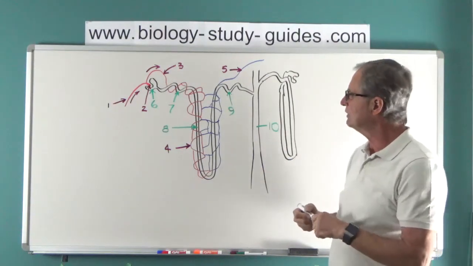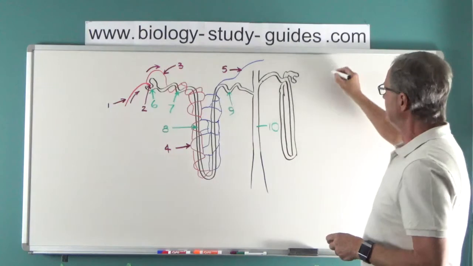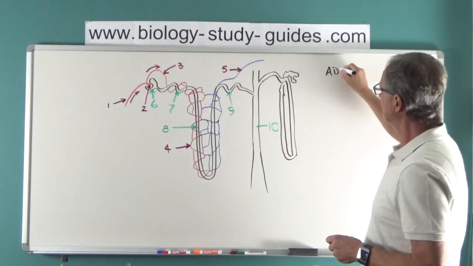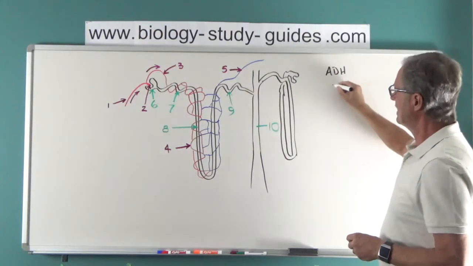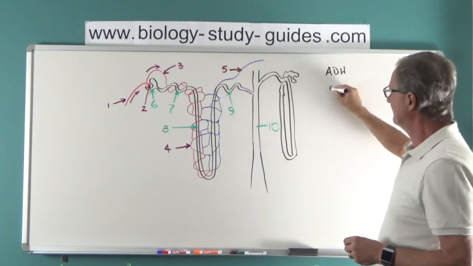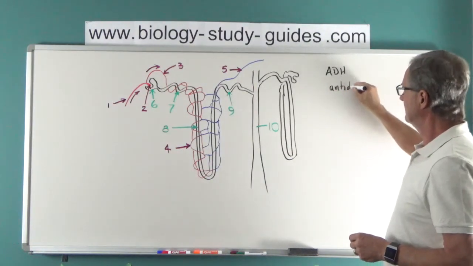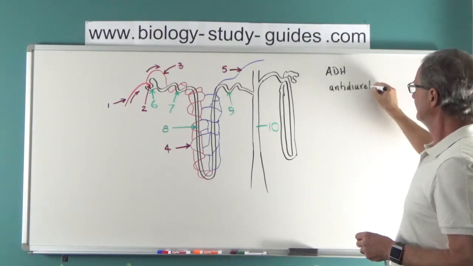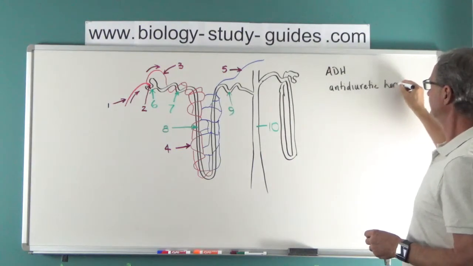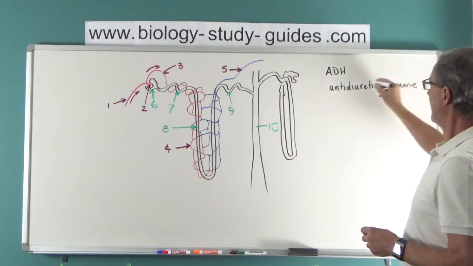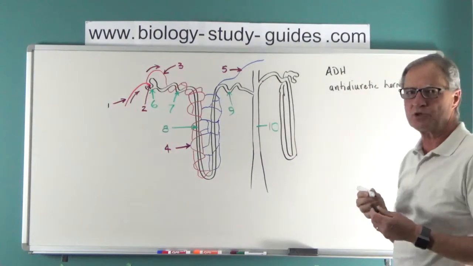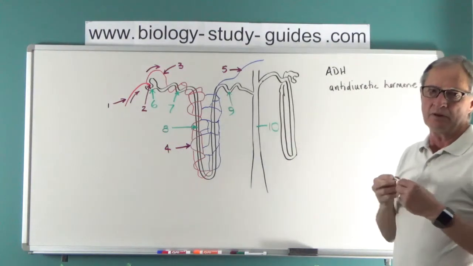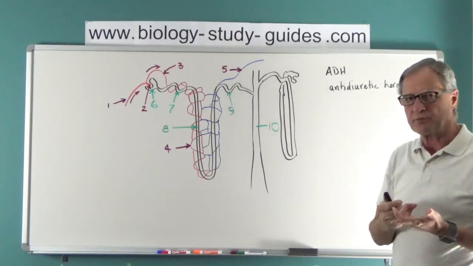There is a hormone called ADH. ADH stands for antidiuretic hormone. Antidiuretic hormone is produced in the hypothalamus and released from the posterior pituitary gland.